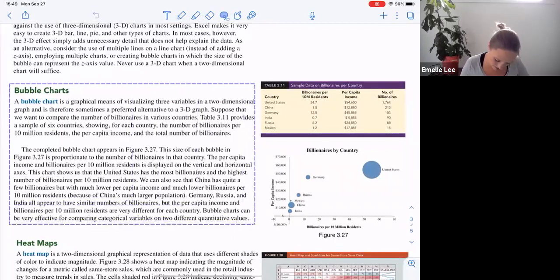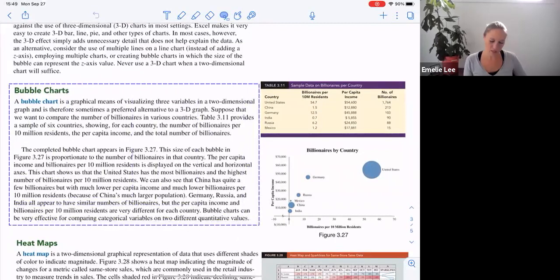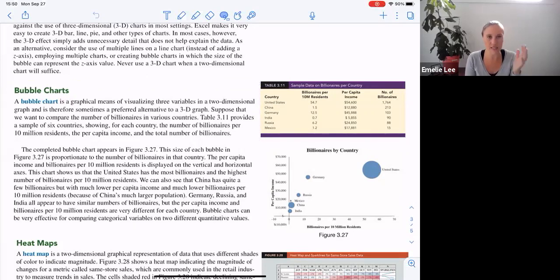So a bubble chart is one way that we can introduce 3 variables instead of just sticking to 2 variables like in a scatter plot, right? You've got your X and your Y. Then instead of introducing a Z axis, now we're talking 3D, right? 3 variables would require each its own axis, and that's hard for our brains to look at and understand.